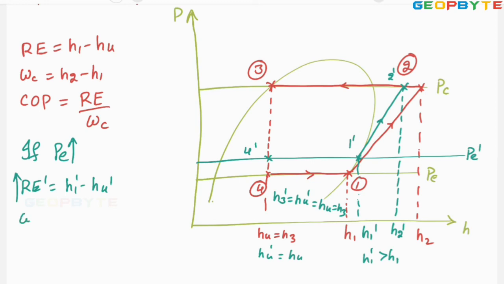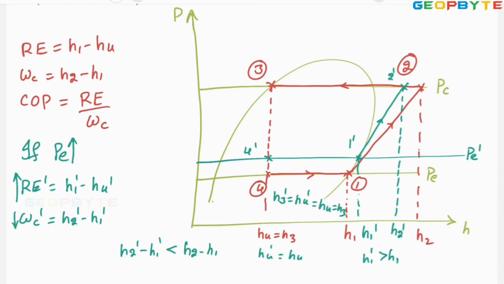Come to the compression work. Compression work equals H2 dash minus H1 dash. This H2 dash minus H1 dash is less than H2 minus H1.